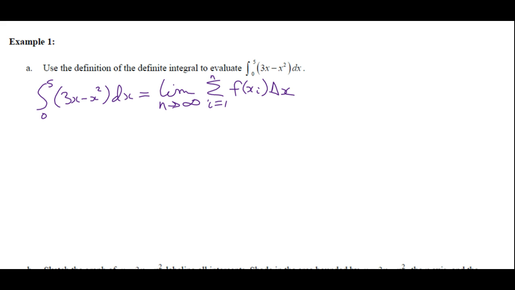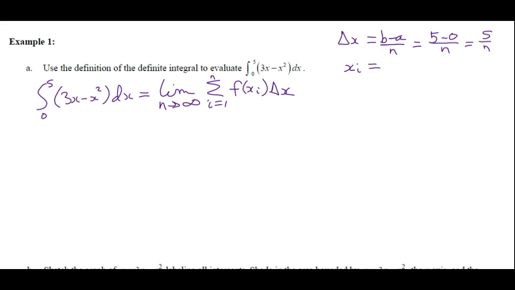Then it goes on to say what delta x is. So what's delta x for us? Here's the formula, which will be on your formula sheet on Monday. What's b? 5. What's a? 0. What's n? n. So delta x is 5 over n. And what is x sub i?